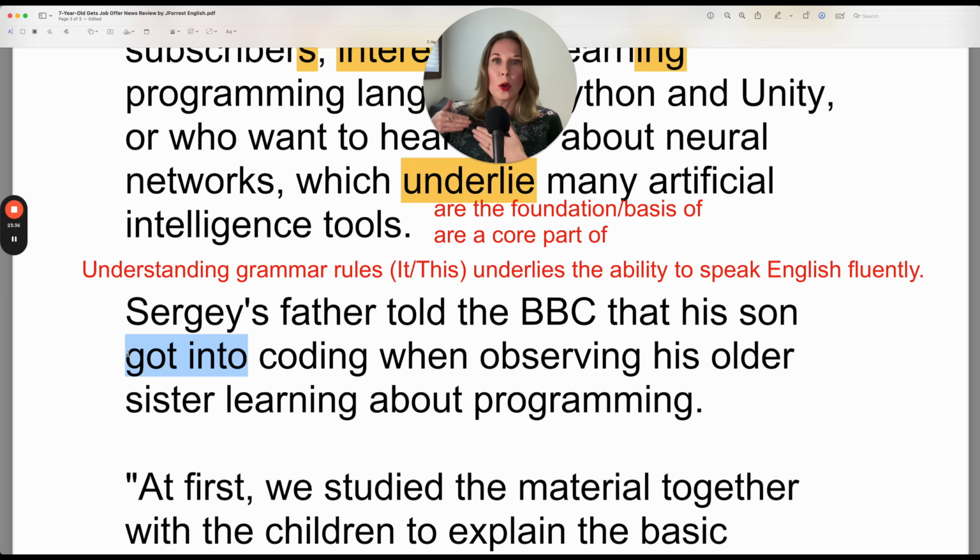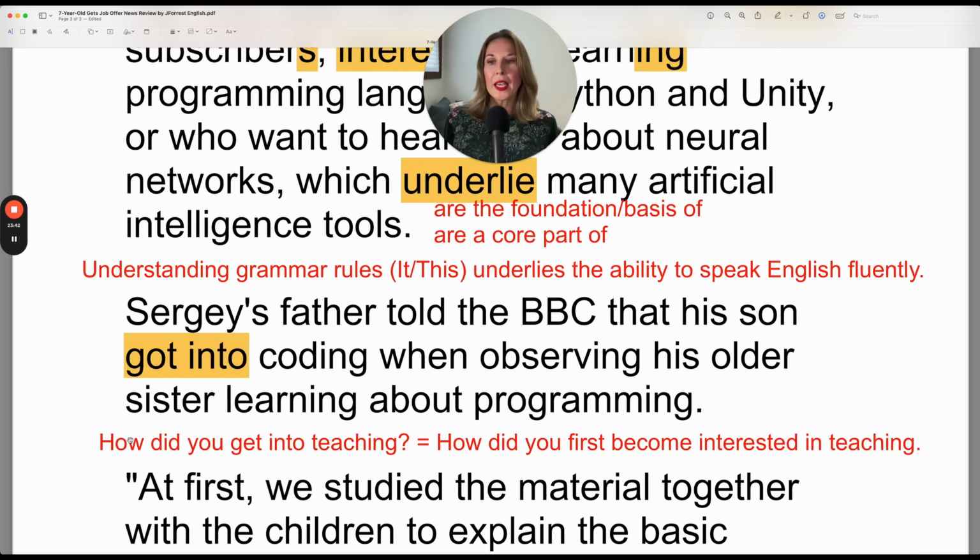So that's that verb "get," from not to. So someone might ask me, "How did you get into teaching?" This is the same as "How did you first become interested in teaching?" How did you get into teaching?